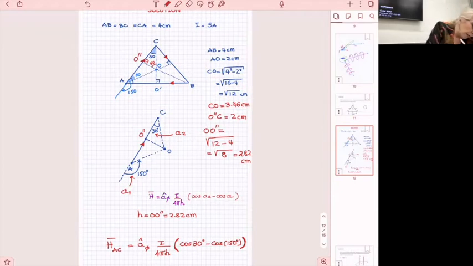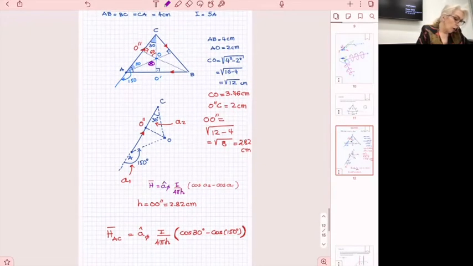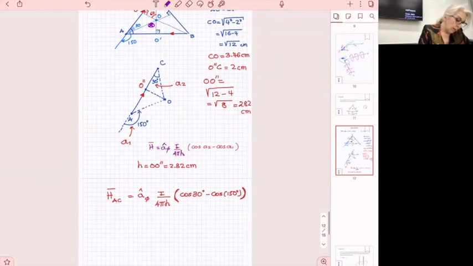So at that point, the direction of the magnetic field is going to be like that. So A phi is going to be perpendicular to the plane of A, B, C, and it's going to go inside the plane. All right?